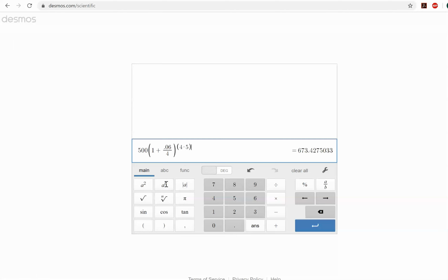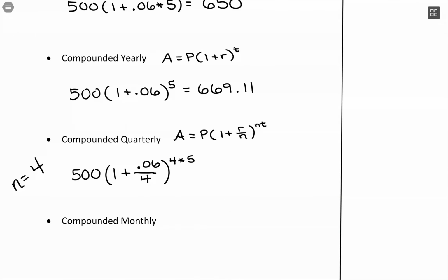So we'll have a 0.43 at the end there. So we can go back to our page, and this would be 673.43. The only thing we needed to add in as we were writing into our online calculator was having parentheses there.